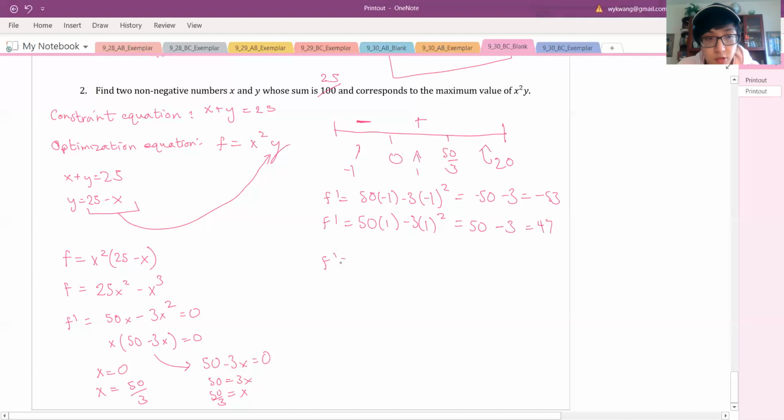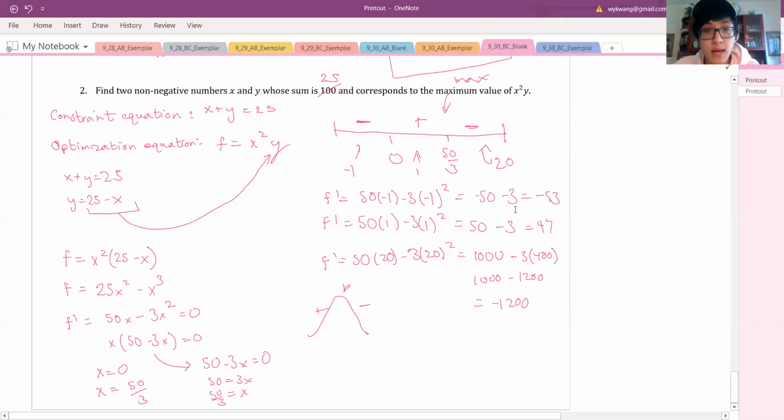So f prime is equal to 50 times 20 minus 3 times 20 squared. 50 times 20 is 1,000. 3 times 20 squared is 1,200. So that's equal to -200. Sorry. So it's a negative here. Okay, cool. So I know I have a maximum here. That's a max because the slope is positive, then it's negative. So I know this is a max.